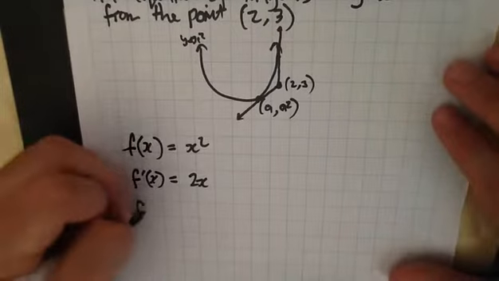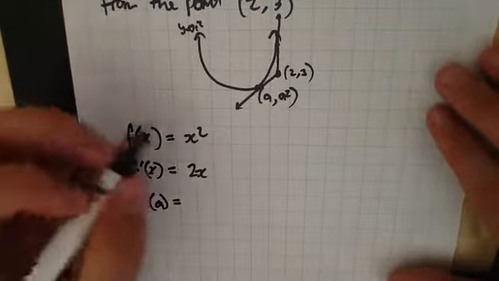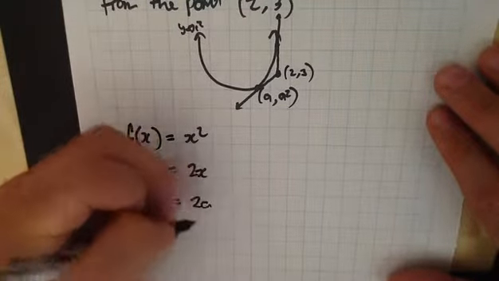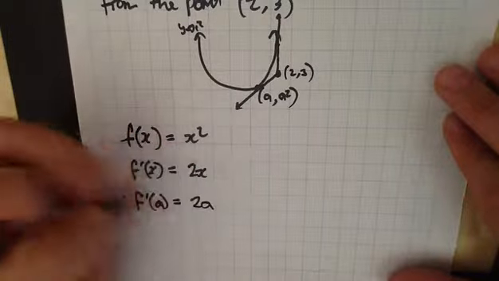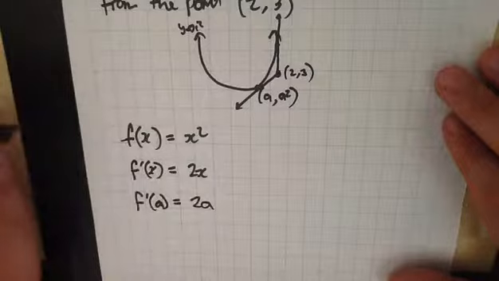So at point A, you guys should know, I sub in a. Instead of 2x, it's 2a. So at this point (a, a squared) the slope of the tangent is 2a.